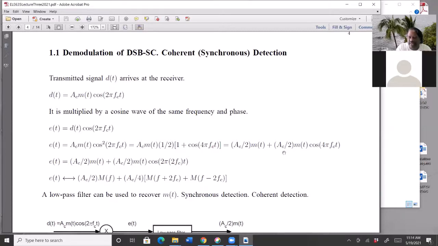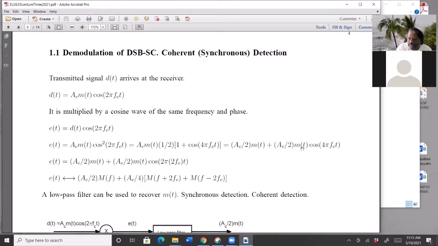But we have to get rid of this signal. If you really look at it, this is the DSB-SC at the carrier frequency 2f_c. Okay, but we are not interested in that. We want to get rid of this.